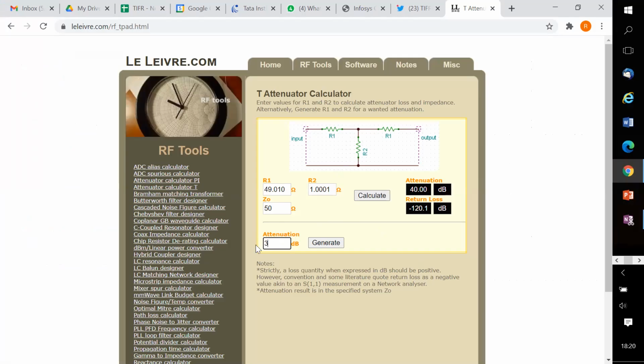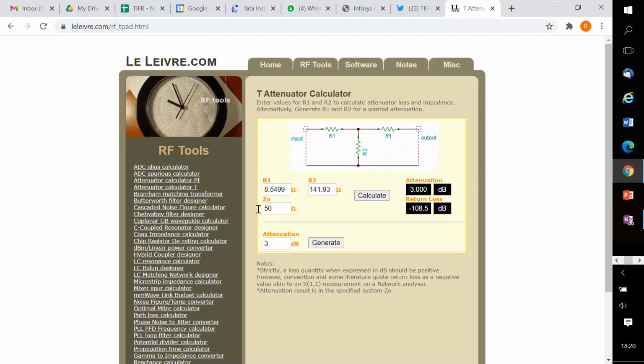Let's start with something simple, a 3 dB attenuator, which gives a power division by a factor of 2. It gives you R1 as 8.54 ohms and R2 as 141.94 ohms.